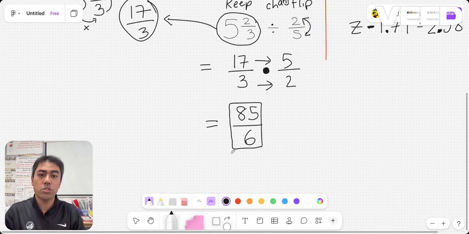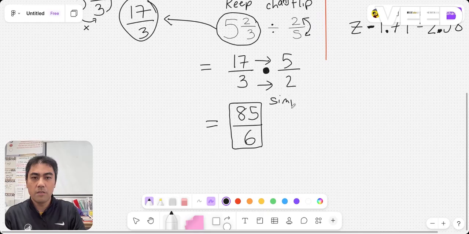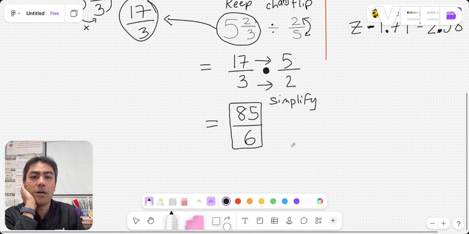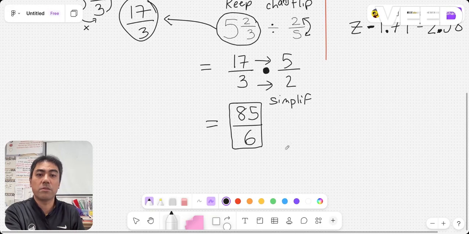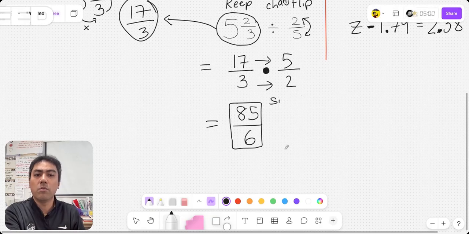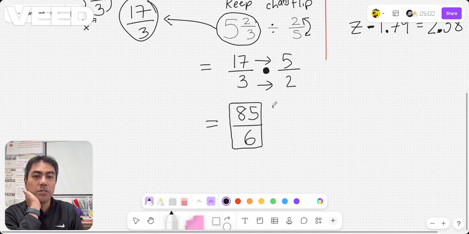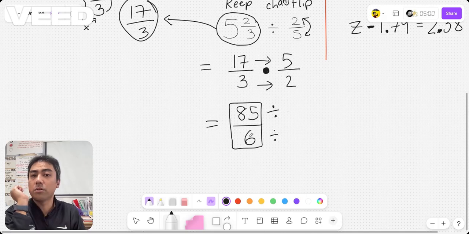So an extra step would be to simplify the 85 over 6. And in this case, we can't simplify this. So that's actually a good enough answer already. Meaning, when I say that you can't simplify it, there's no other number that I can divide these two numbers by except for one. Okay, so 85 over 6, that is a good answer.